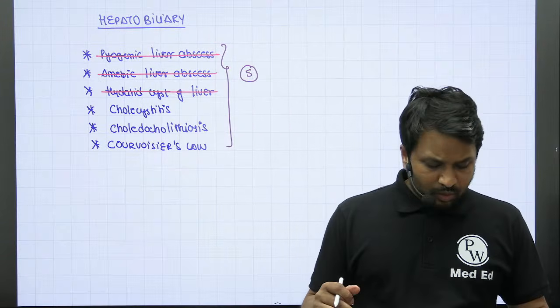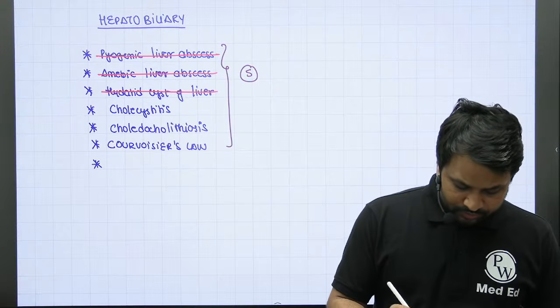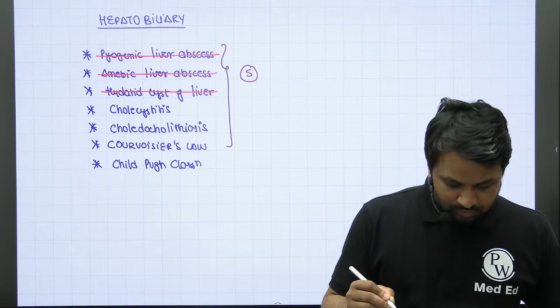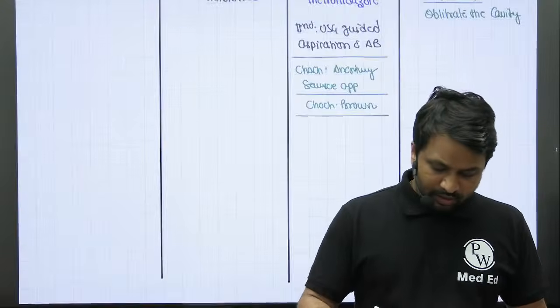One more question that they asked you is Child-Pugh classification. When we talk about the Child-Pugh classification, it's also called the CPC. I'll just quickly run through it here in liver only.